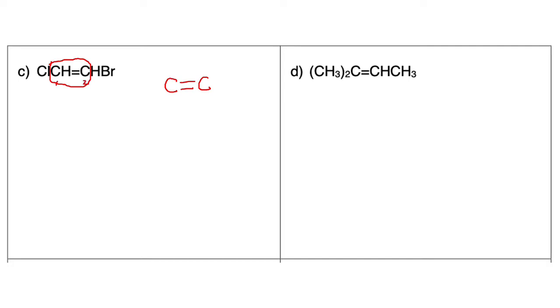So C2, madam selalu start C2 kan. Okay, so you can always start with C1, up to you lah. So CH, Br, okay, ini H, ini ada Cl. So can this one exhibit cis-trans? The answer is yes. Why? Because dia ada dua yang sama di sini.